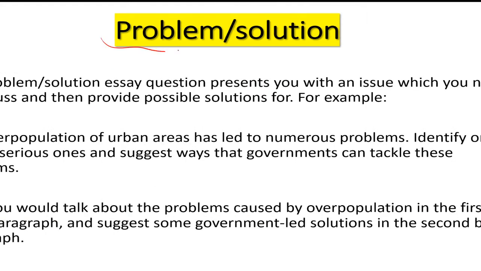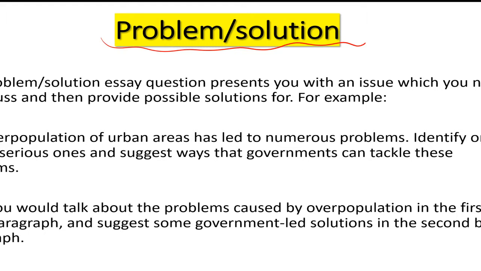Further is problems and solutions. So in the problems and solutions, the essay question presents you with the issue which you need to discuss and then provide possible solutions. For example, the overpopulation of urban areas has led to numerous problems. Identify one or two serious ones and suggest ways that government can tackle these problems.